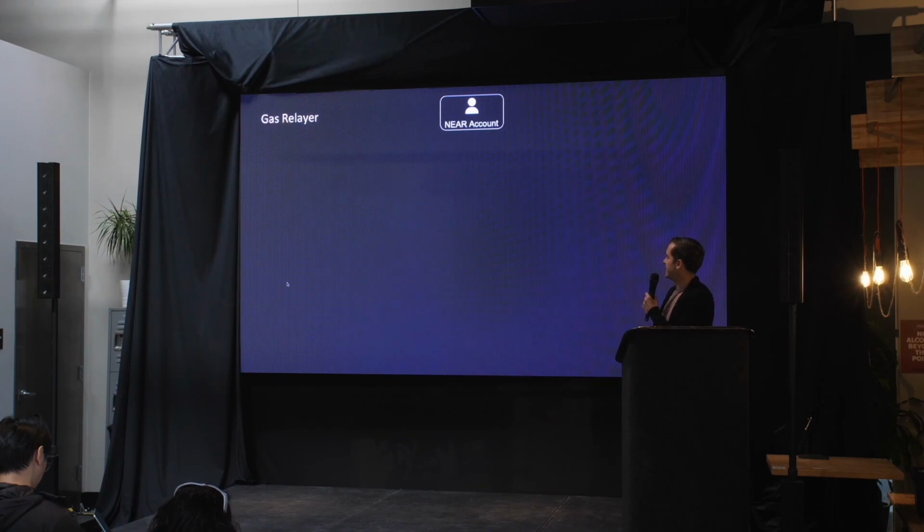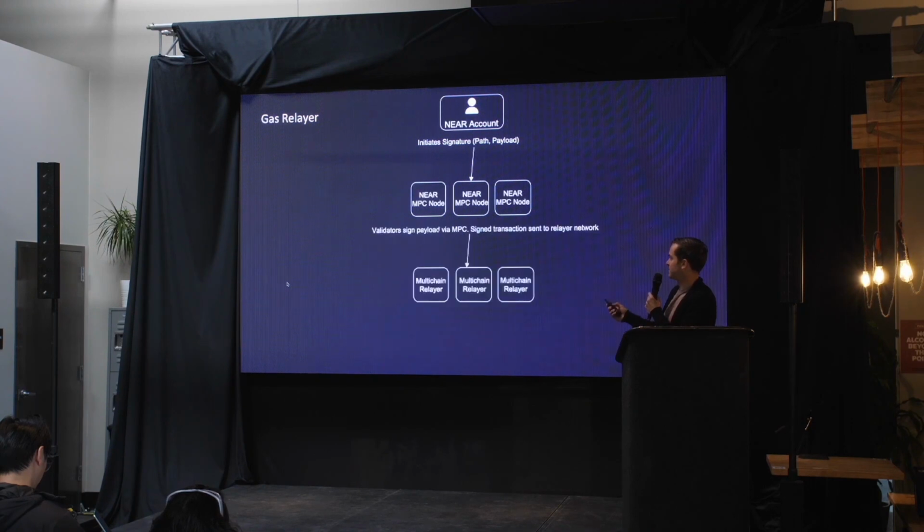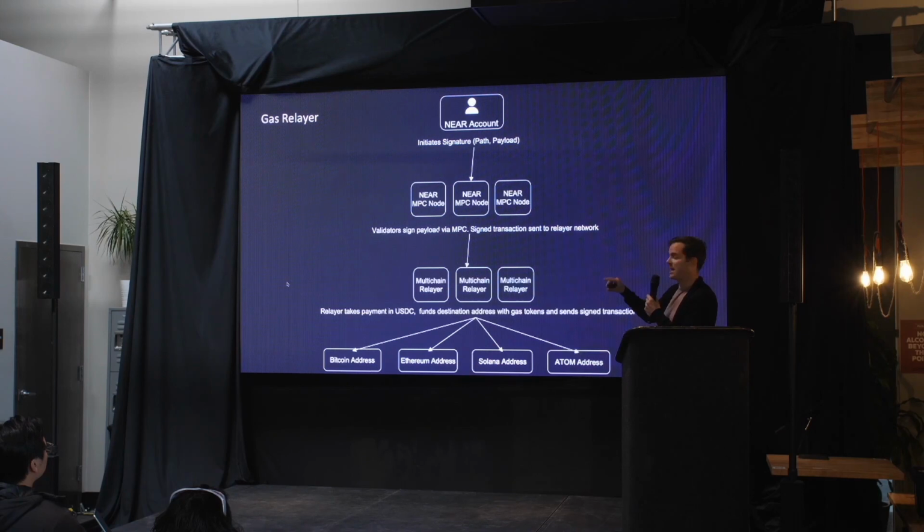And to walk through a different example that uses a product we're also launching called the multi-chain gas relayer, it's a similar setup, except this time the MPC nodes will make the signed transaction available to a network of relayers, who will then take payment from you in some token on the NEAR side. A great example could be SWEAT, as Oleg demonstrated earlier, or USDC if you want something that's completely non-volatile.